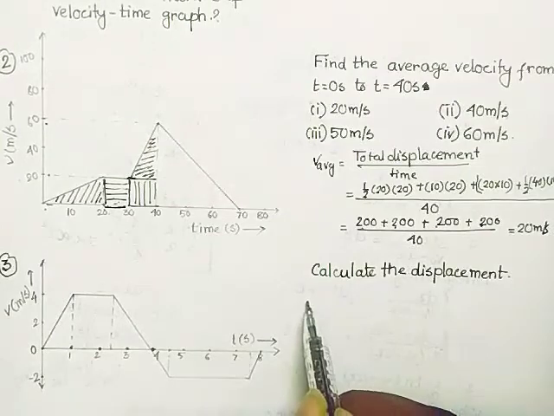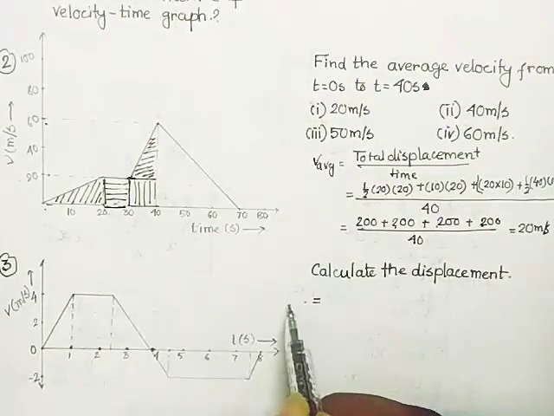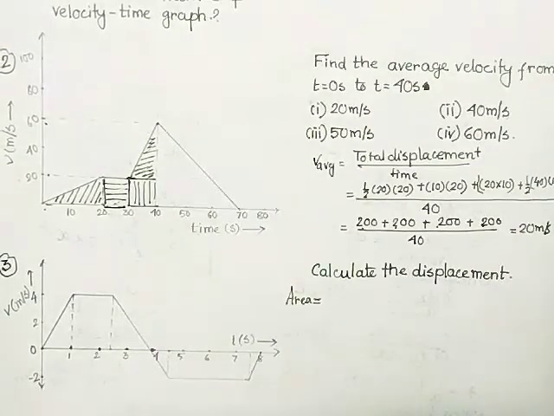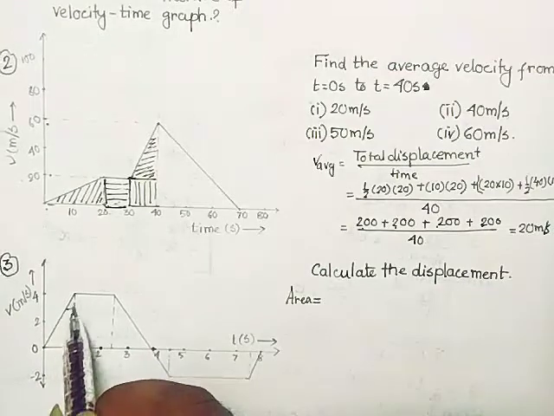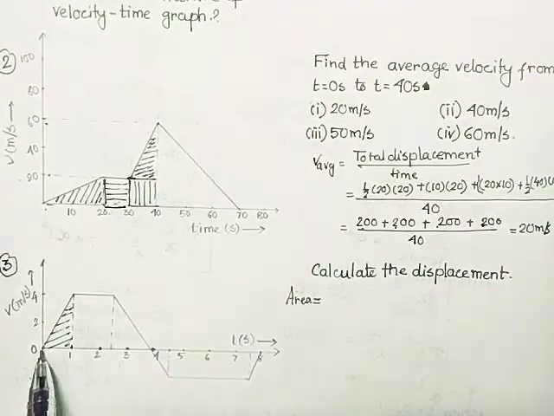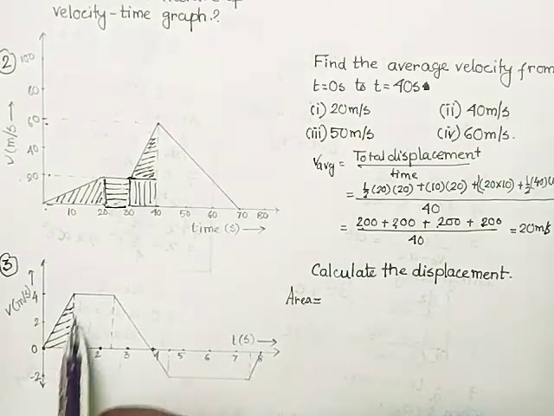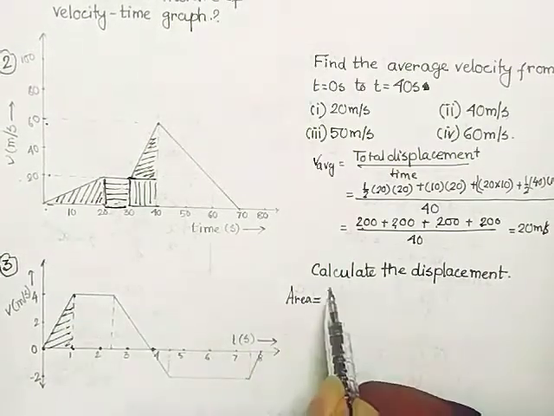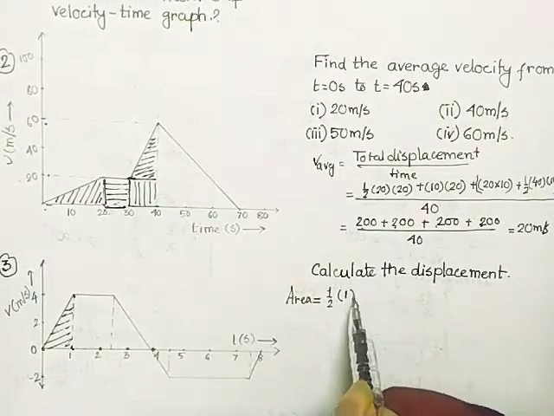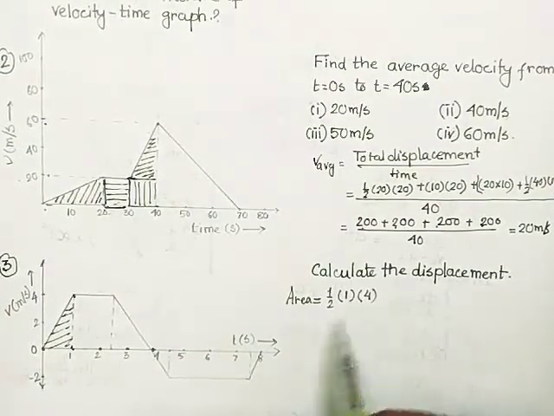Displacement is basically the area here. If I calculate the area, we will get the displacement from the velocity versus time curve. So at first we take this triangle. Its base is 1 and the height is 4. So 1 by 2 into 1 into 4.